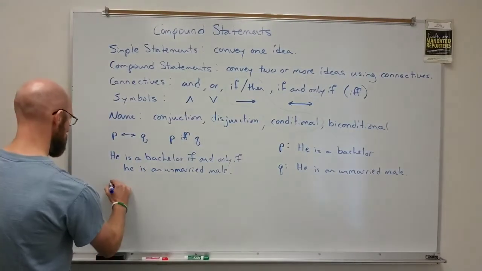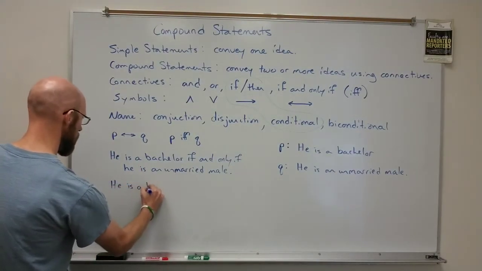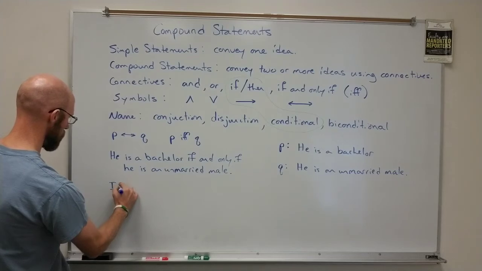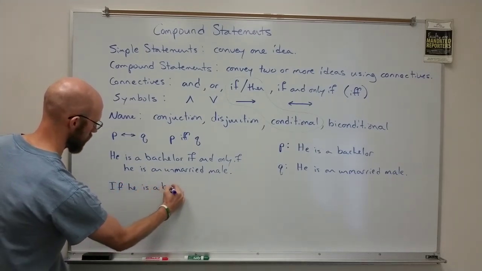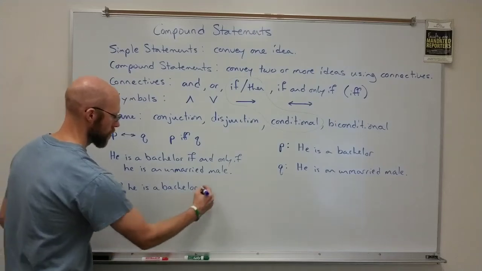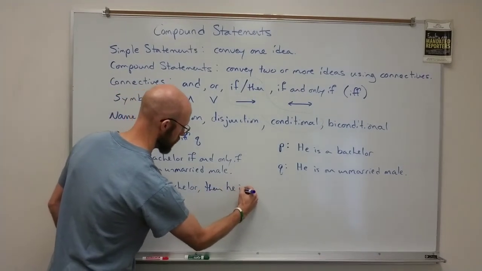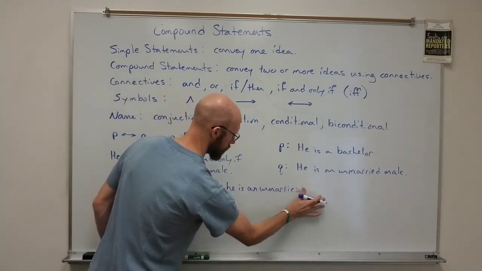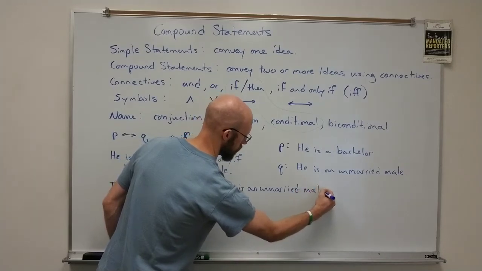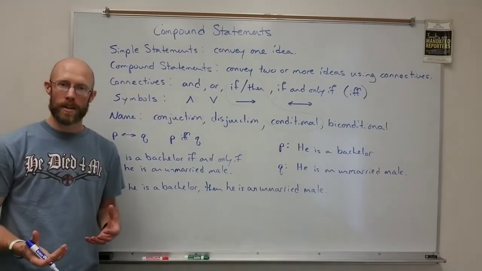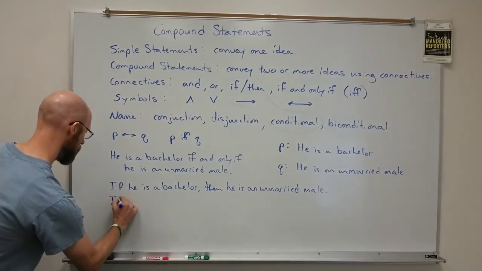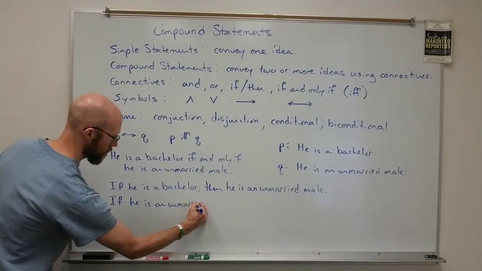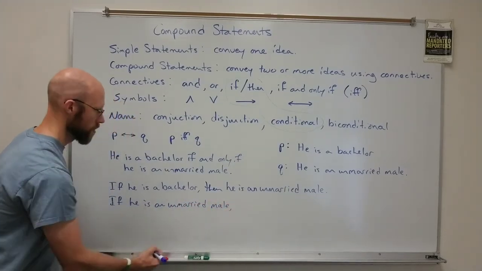One of them would be, if he is a bachelor, then he is an unmarried male. And you would also have to have true, if he is an unmarried male, then he is a bachelor.